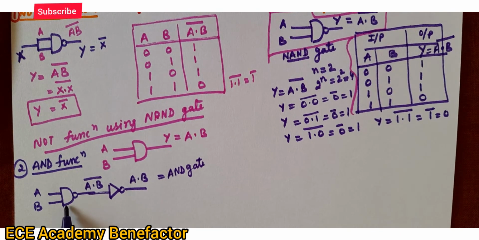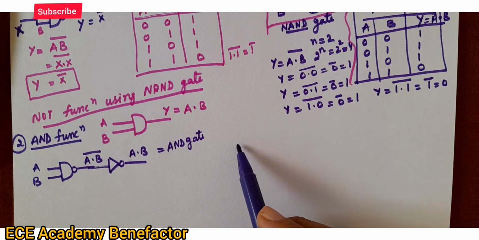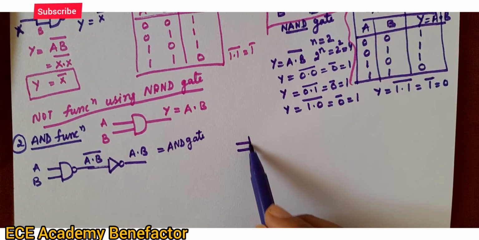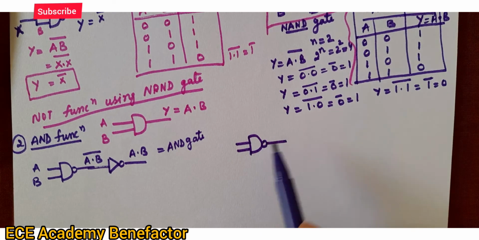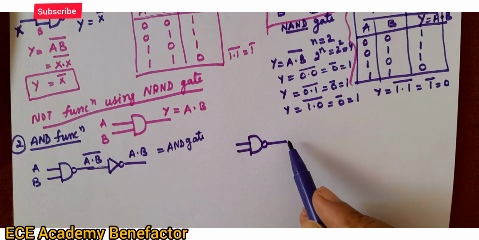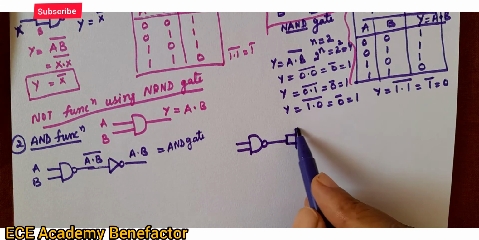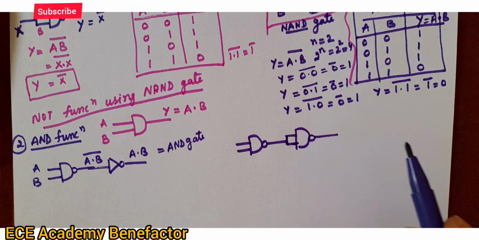So, by using a NAND gate, how can we get an AND gate function? How can we draw it? First, take a NAND gate, and replace this NOT gate by a NAND gate. When we join both the terminals of the NAND gate, it becomes a NOT gate.